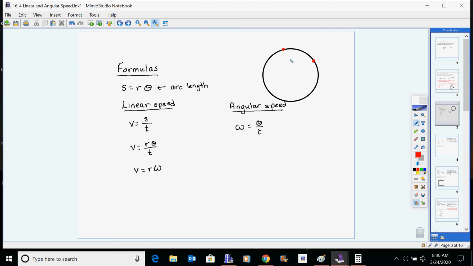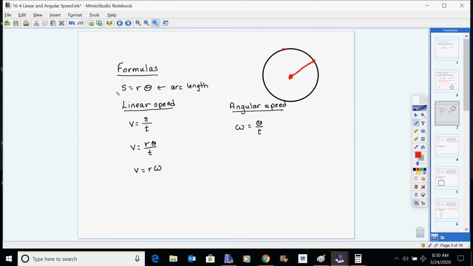But we're going to be looking at it as it applies to a piece of a circle. So an arc length is the radius r times theta, which is the angle that it passed through in radians.